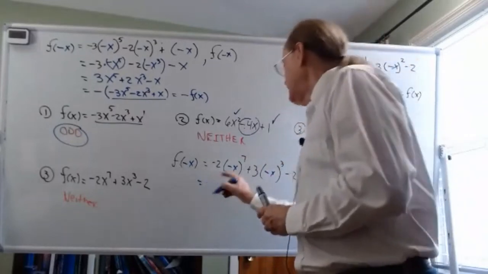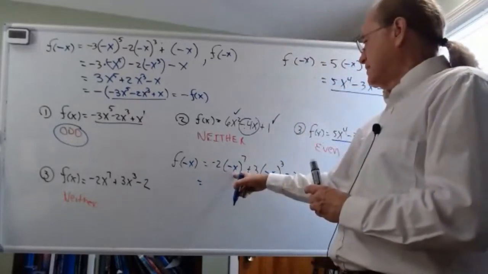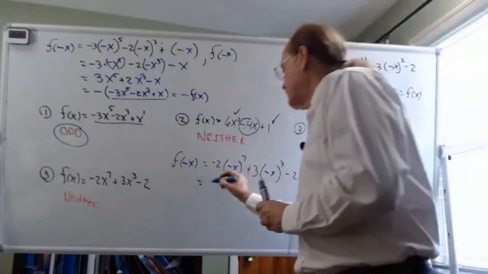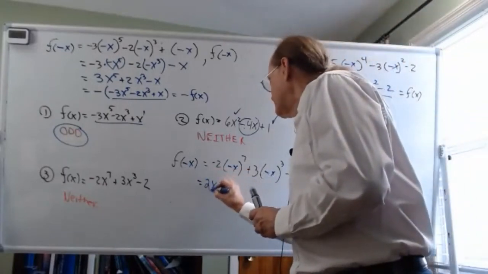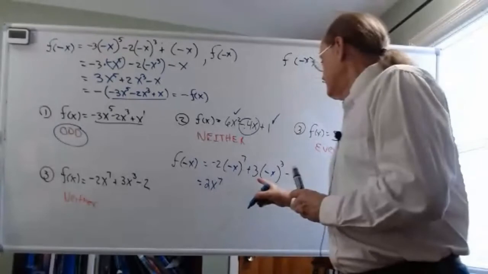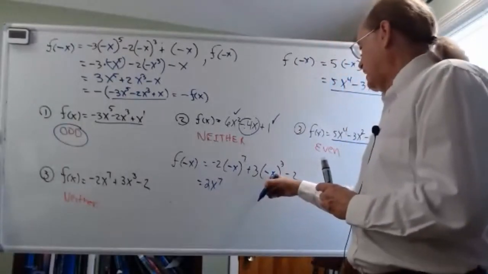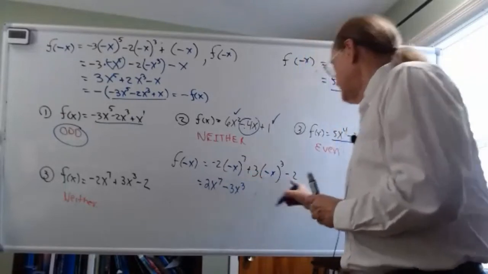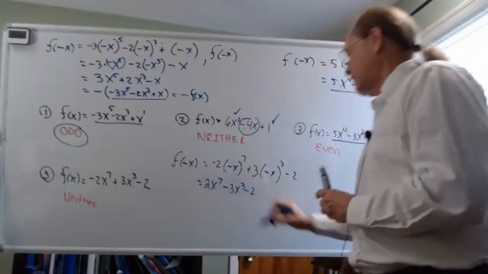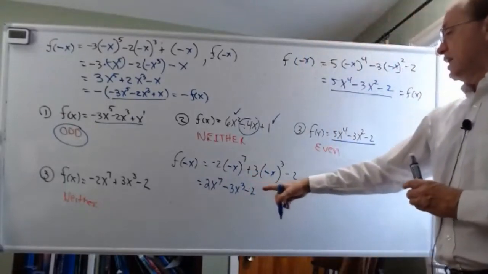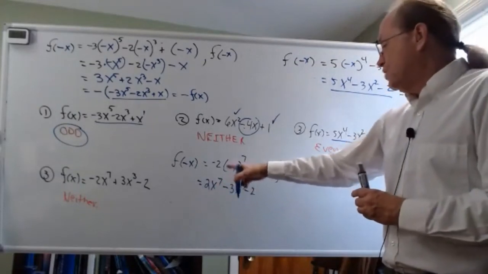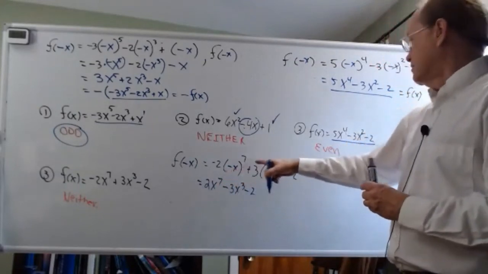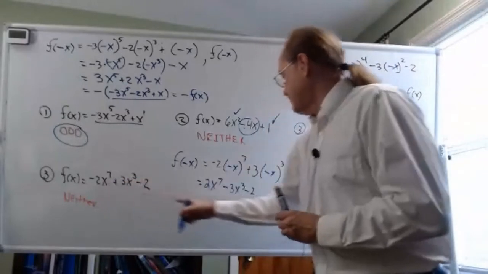So this gives me a negative x to the 7th, which is negative times negative, gives me a positive 2 times x to the 7th. This gives me a negative x cubed, so it gives me a minus 3x cubed. This doesn't change, so that's it. Now, I can see that it is not the original one, because the original one looks like this, so it's definitely not the original one.